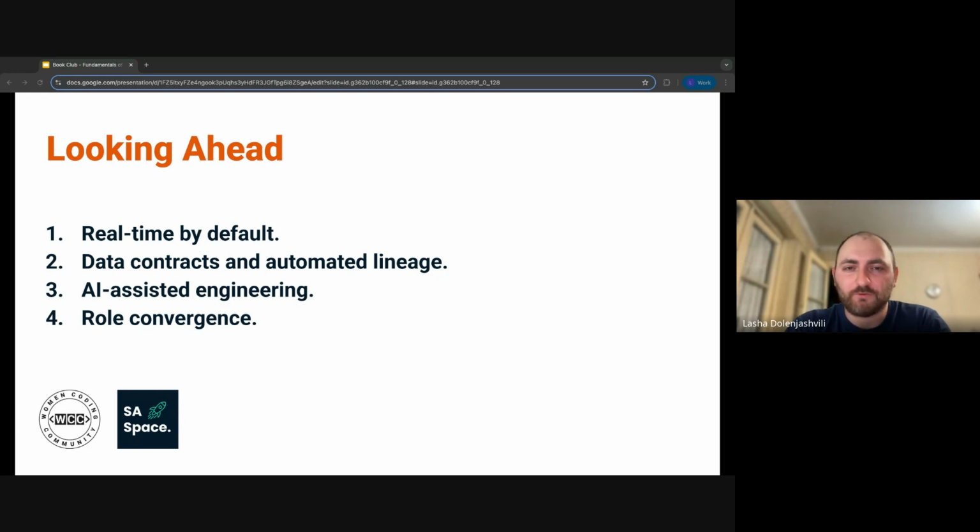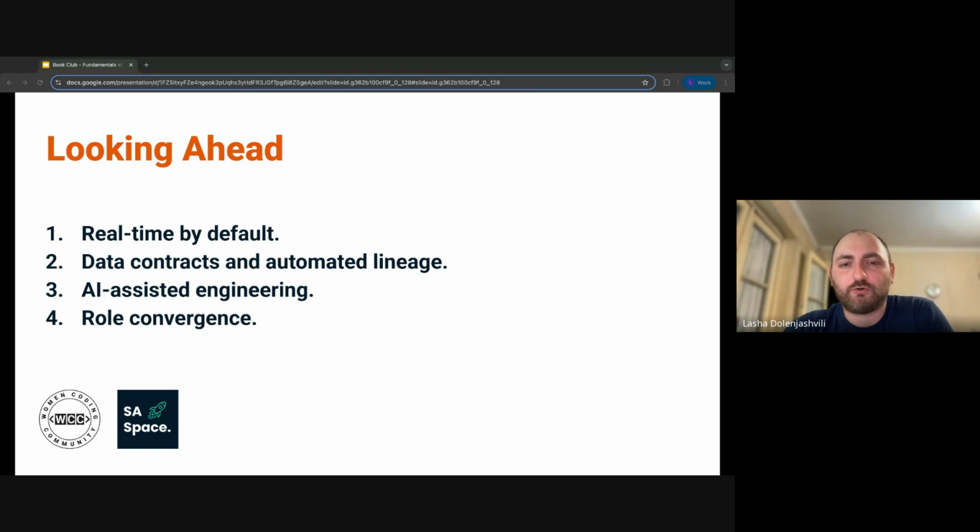Real-time by default: the expectation is shifting from next-day reports to instant feedback. But as I mentioned before, it's very important to consider the exact business need, because everyone wants real-time data, but not everyone needs it.